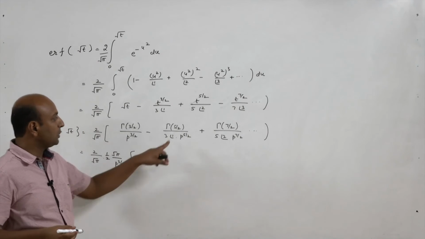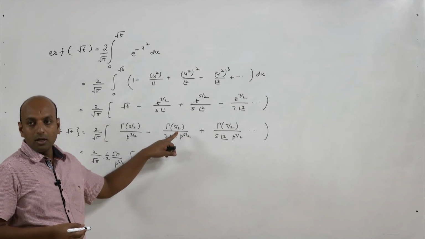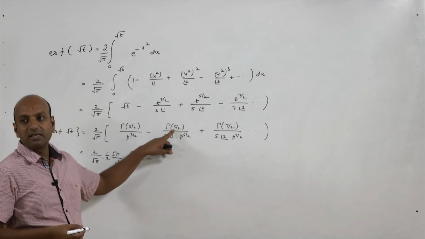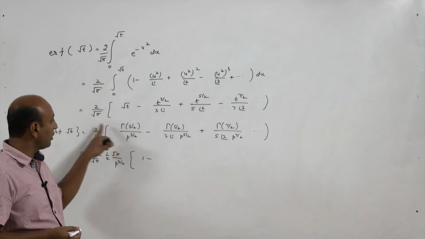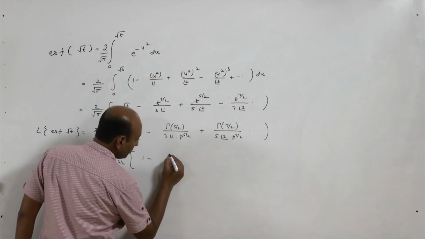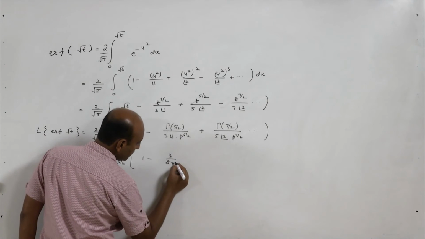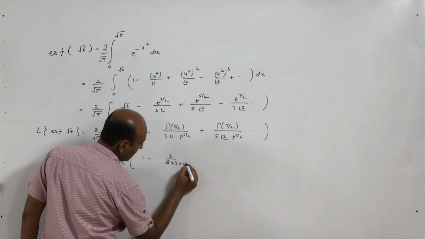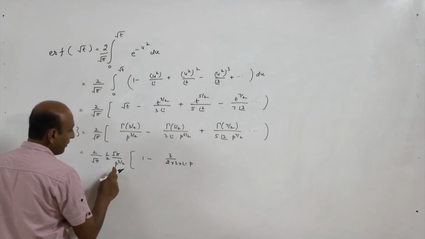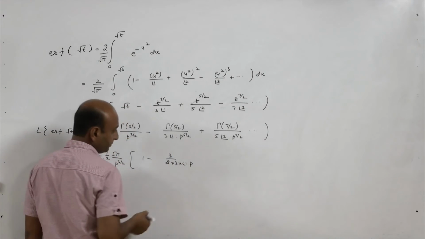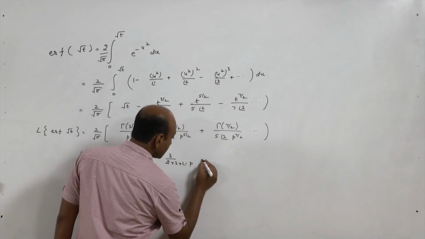Now, gamma 5 by 2 is 3 by 2 gamma 3 by 2. Gamma 3 by 2 is already common, so it is 3 by 2 into 3 into factorial 1, and p to the power 3 by 2 is common, so it is p, plus.